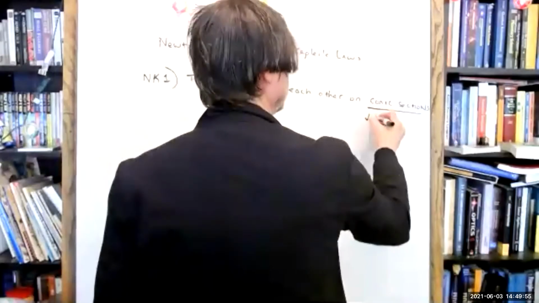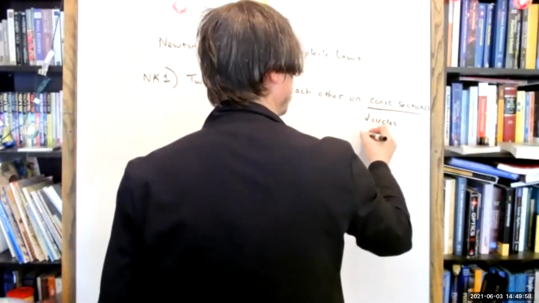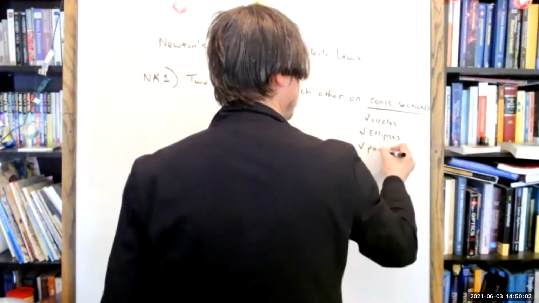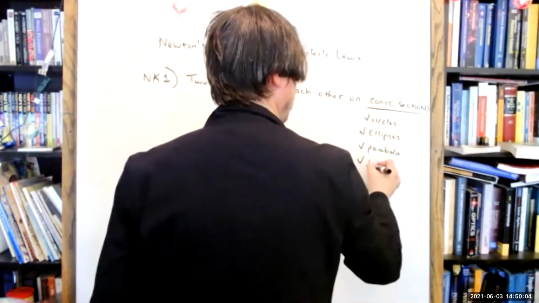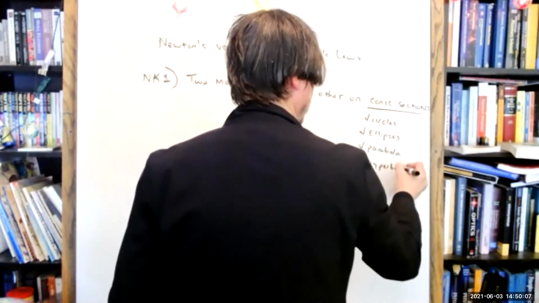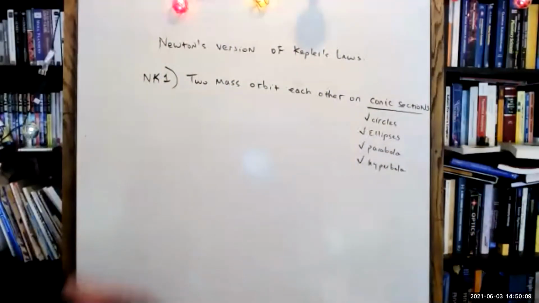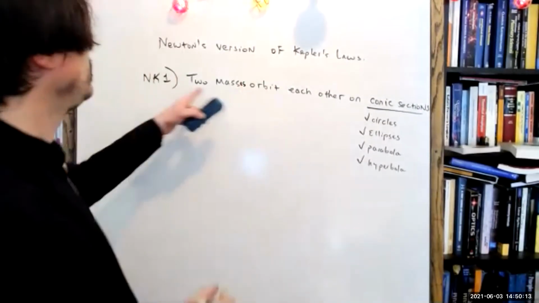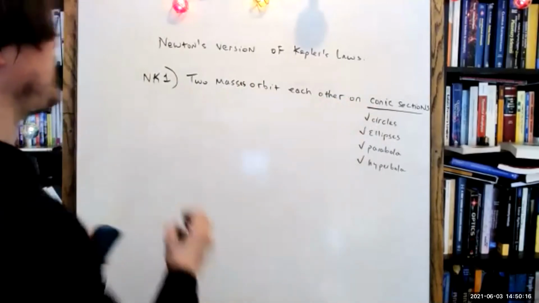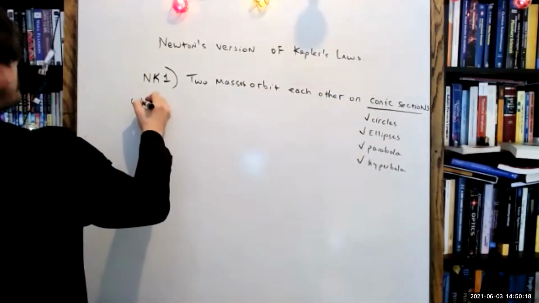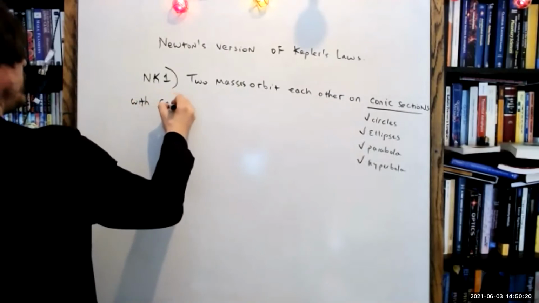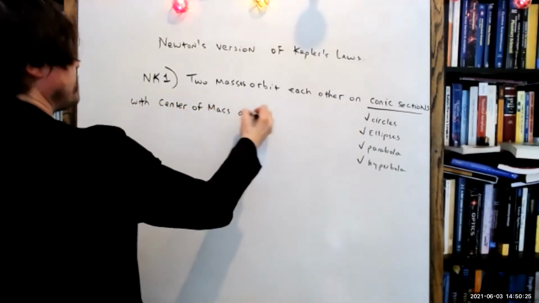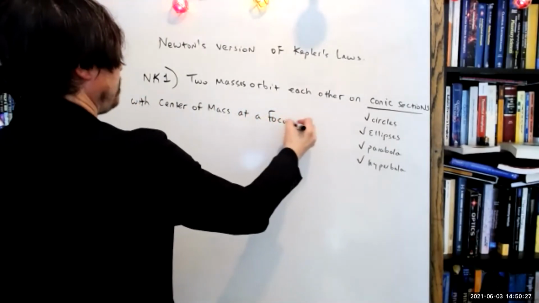And conic sections include circles, ellipses, parabolas, and hyperbolas. 2 masses, apologies: 2 masses orbit each other on conic sections with the center of mass at a focus point.